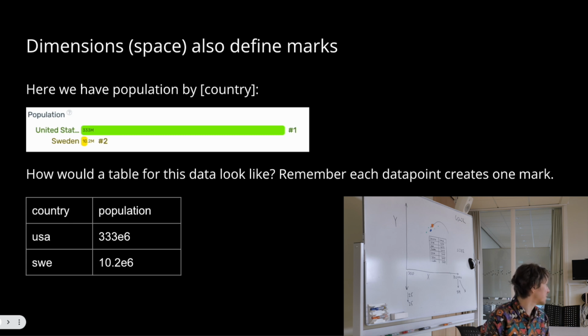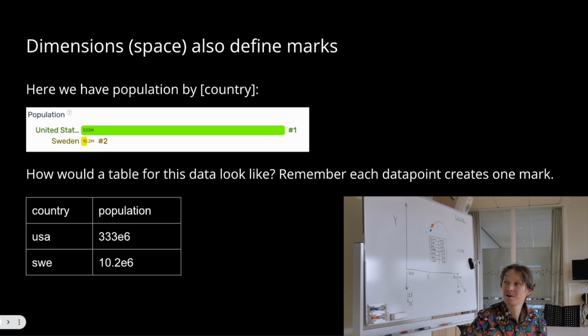No, I don't have data for it. I just have two numbers, and these two numbers are identified by the dimension here, which is country. So country, one number, another country, another number. Easy, yeah?